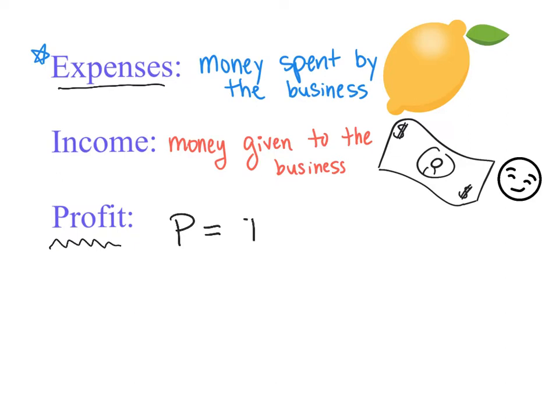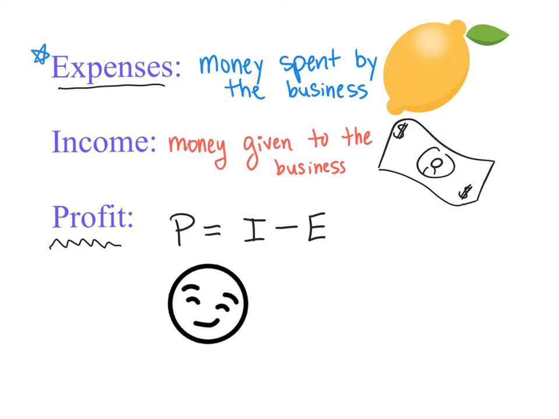You take your income, whatever money is given to you by the customer, and you subtract off any expenses, and that's going to be the money you have left over, right? So profit makes us exceedingly happy because it's money that we get to keep, and it's money that is new to us, right? It's not the money we spent to make the business. It's everything that is new, and we get to keep it.